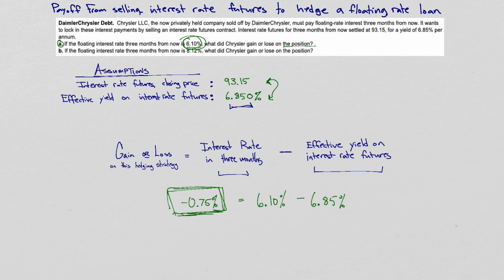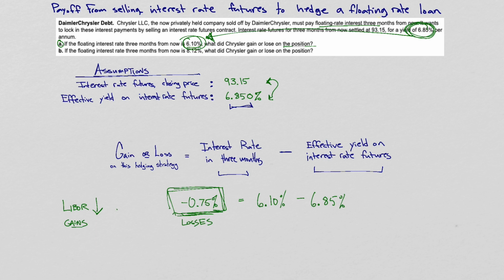And while that sounds bad, that's not really bad, because the whole point of entering into this futures contract was to hedge a floating interest rate payment 3 months from now. And because interest rates fell from 6.85% to 6.10%, the cost of our loan, which was linked to a floating rate, fell as well. So the losses on our futures position here were offset by gains as a result of the reduced cost of borrowing.